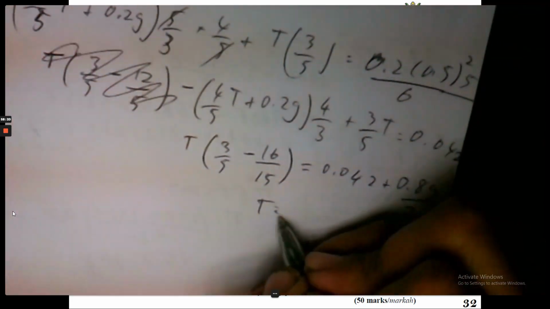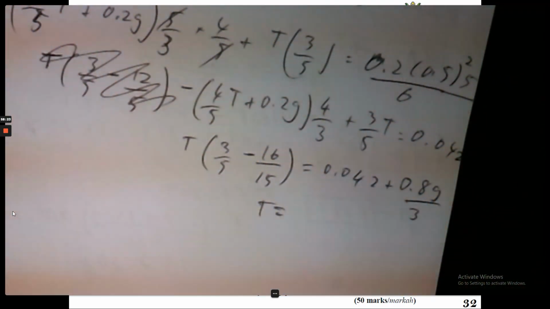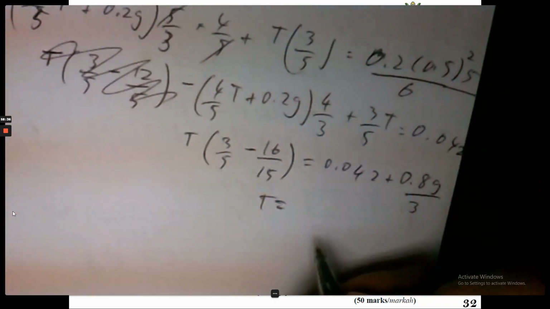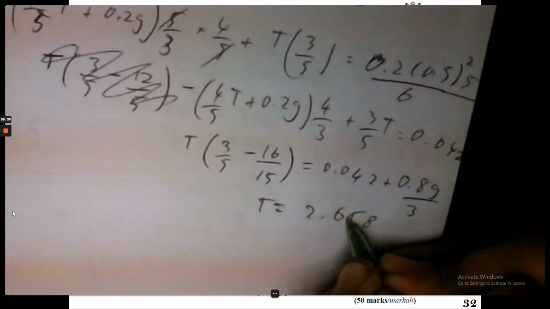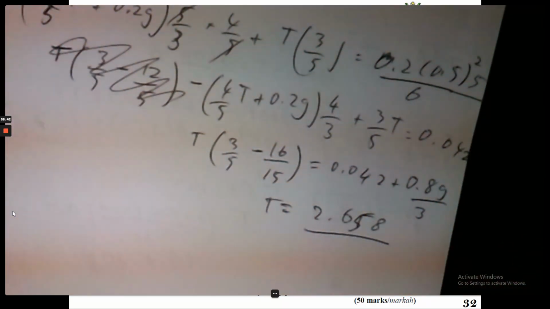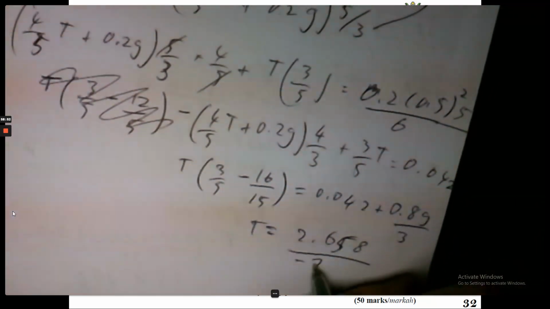Yeah, so T equals to 2.658 divided by 9 minus 16, negative 7 divided by 15.